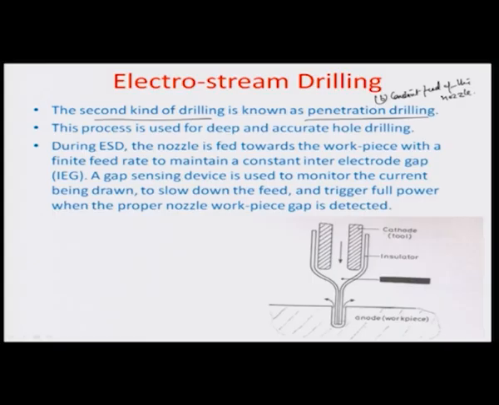So, in this particular case, you have to ensure that the guiding nozzle, which is otherwise insulating in nature, and which does contain a cathode tool which provides this negative charge to the electrolyte, is moved along the drilling motion. This is the direction of the drilling motion.